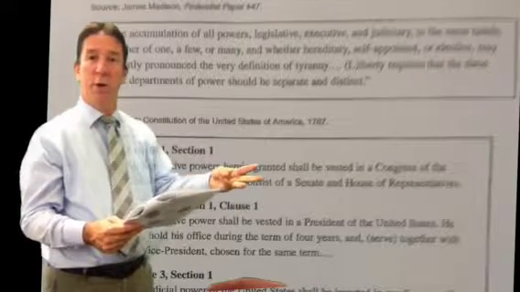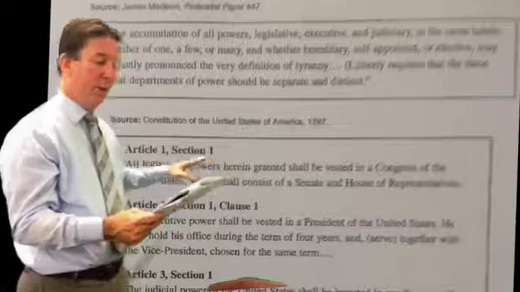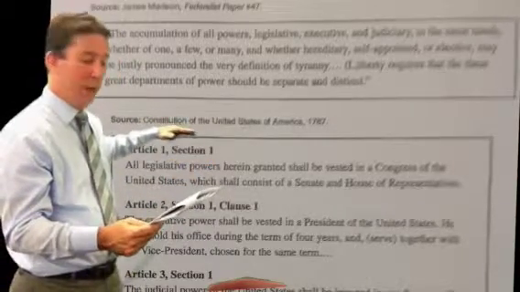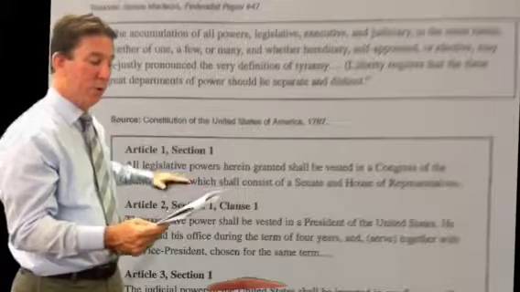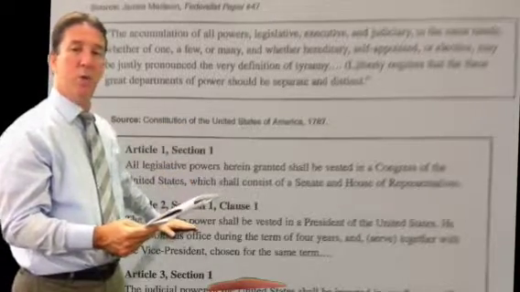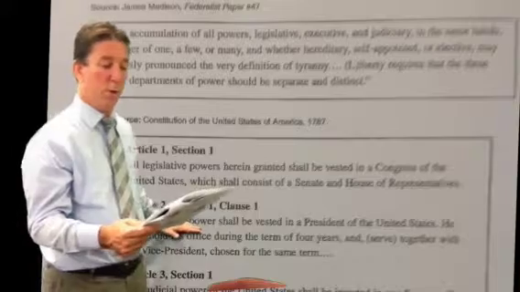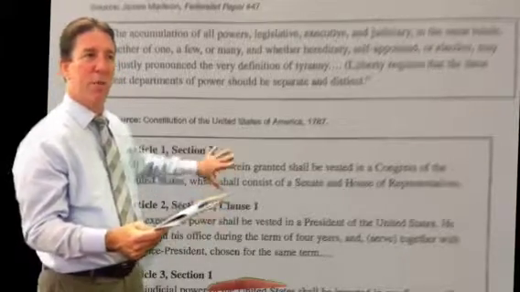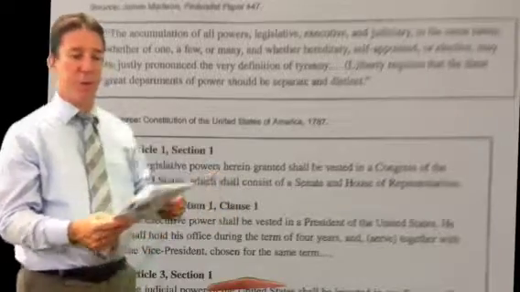Okay, what are our three branches of government? Notice that in the document, Article 1 talks about the Congress, Article 2 talks about the President, Article 3 talks about the Supreme Court or the judicial system. So by separating those powers, how do we eliminate the abuse of power?